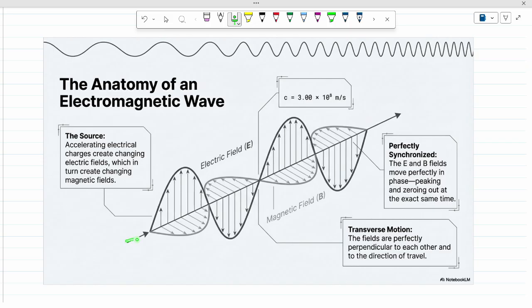This axis is describing the direction in which this wave is propagating, this disturbance is moving, and these up and down arrows are illustrating the electric fields, and these sideways arrows are illustrating the magnetic fields, and they are mutually reinforcing.